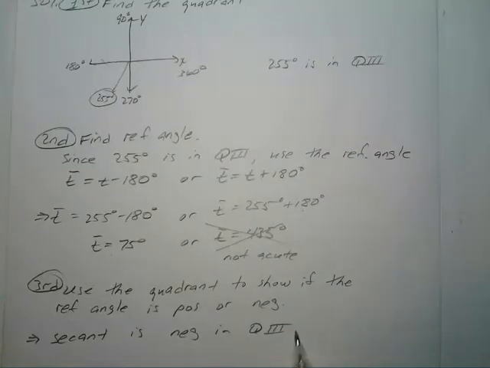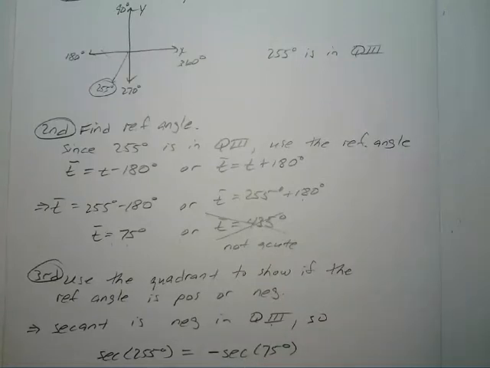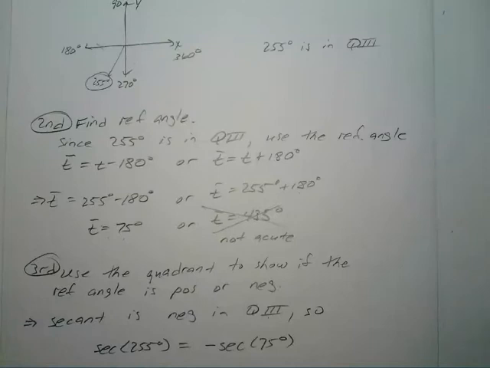So secant of 255 degrees is equal to secant of 75 degrees, but because it's in quadrant 3, it would be equal to negative secant of 75 degrees.